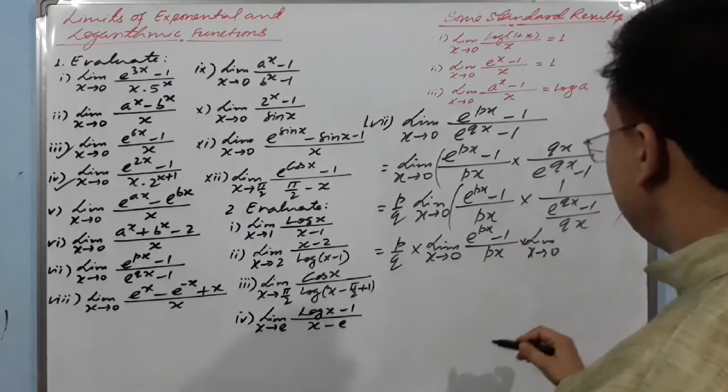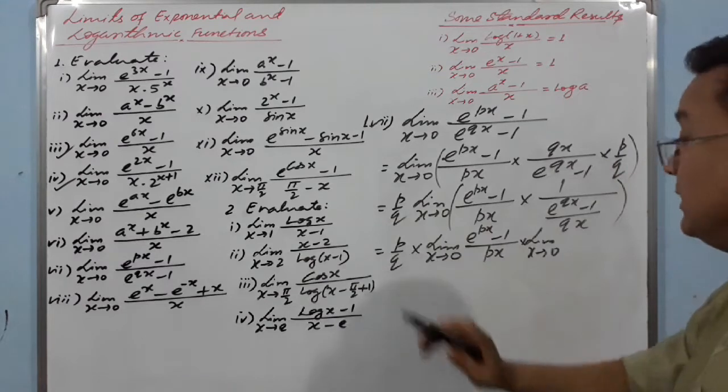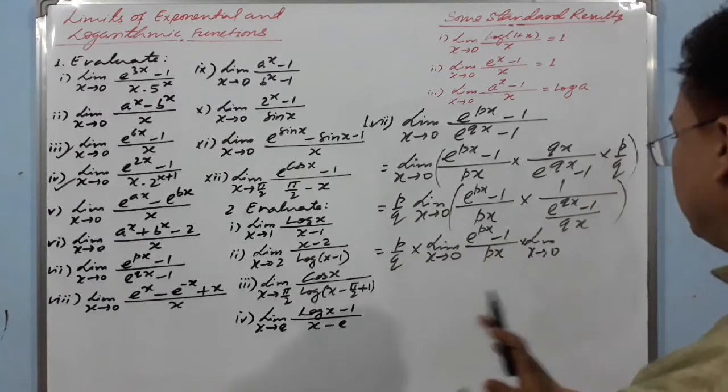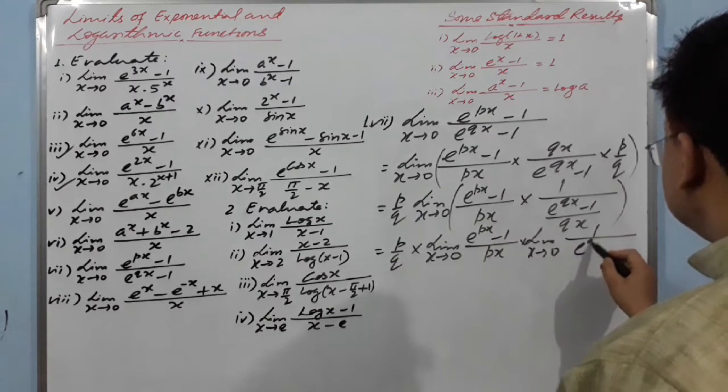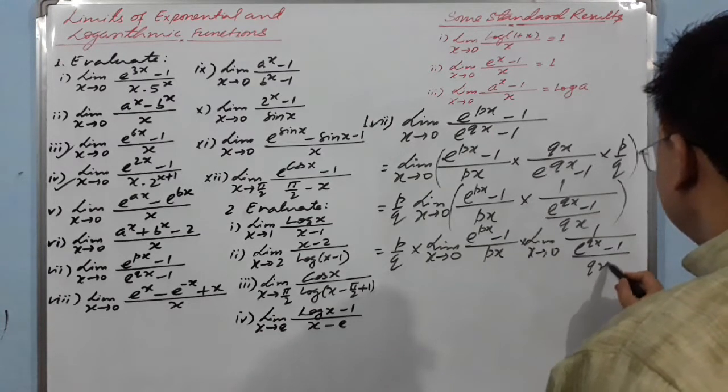Here you may write down px tends to 0. It doesn't matter if you write it or not, even then it's 1. But better if you write it, along with e raised to power qx minus 1 over qx.